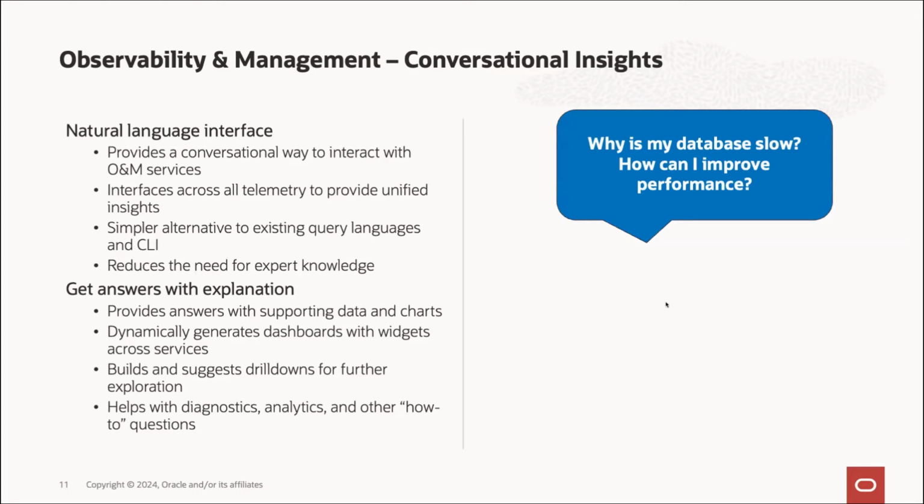This is essentially the use case where we are utilizing generative AI, the LLM, in our observability and management services. So the question can be like, why is my database slow, or how can I improve my performance? And I will show you a demo of what we are envisioning and how we are building this.